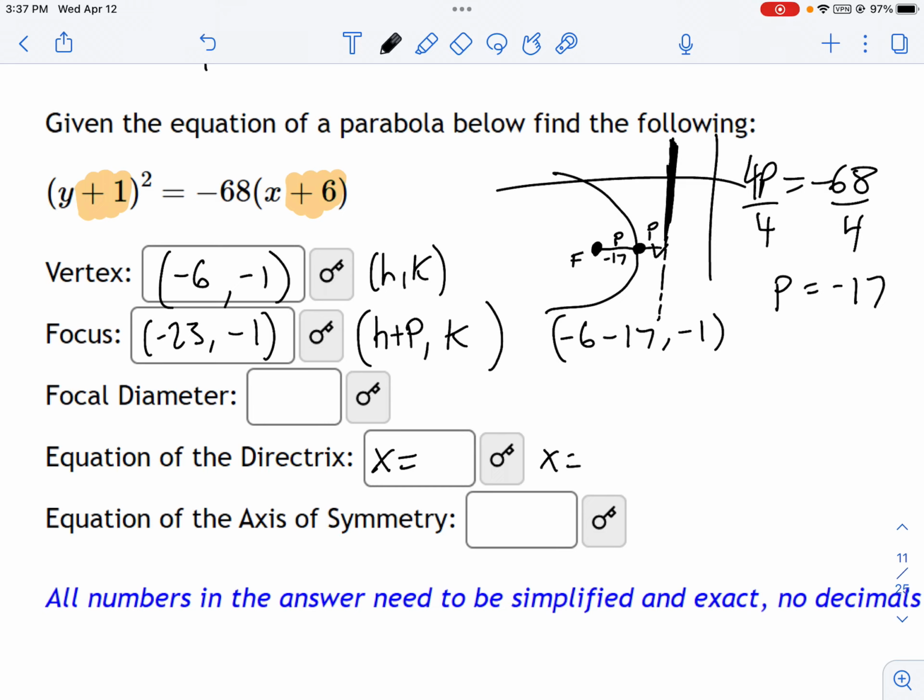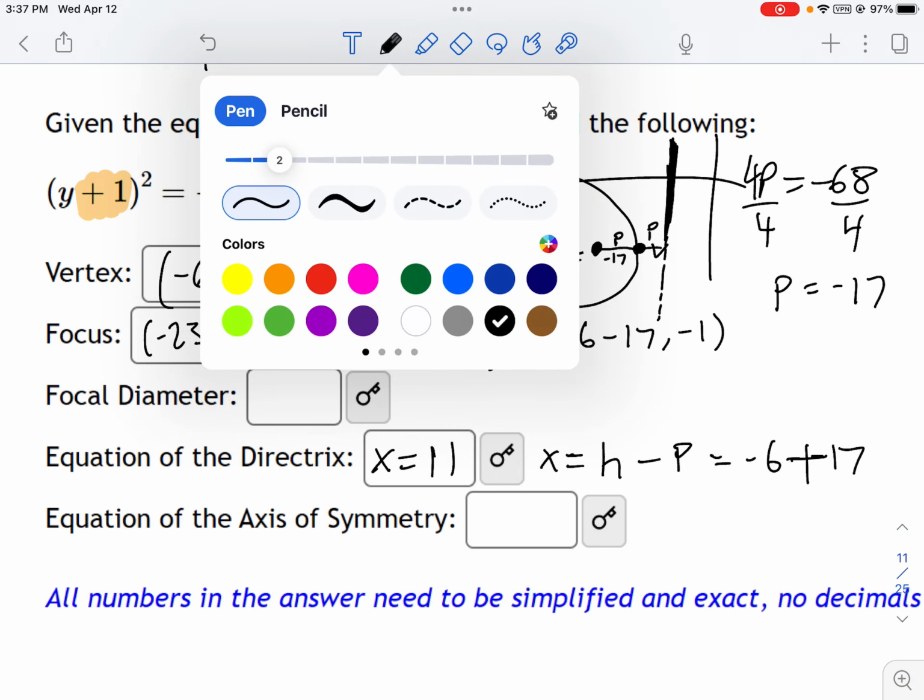It's going to be x equals the x value of the vertex, but going the other direction from where our focus went, so we're going to subtract p instead. So in this case we have negative 6 minus a negative 17, in other words, we're adding 17. Negative 6 plus 17 is 11. There is your directrix.